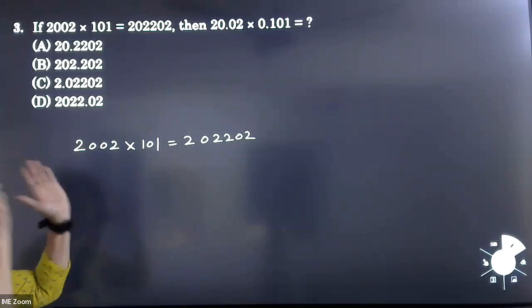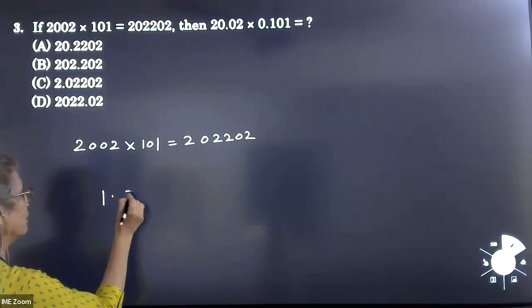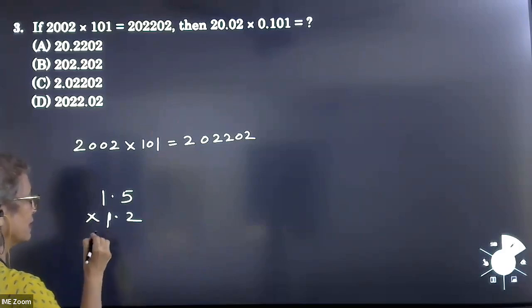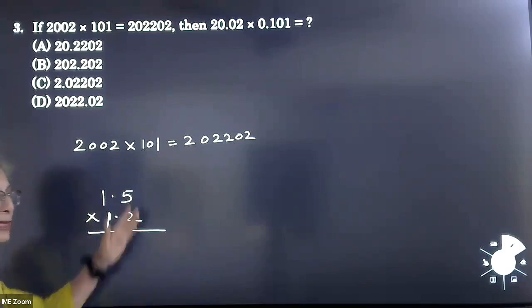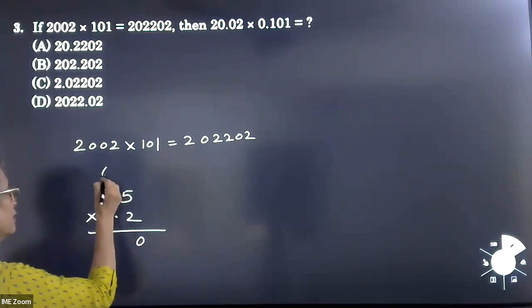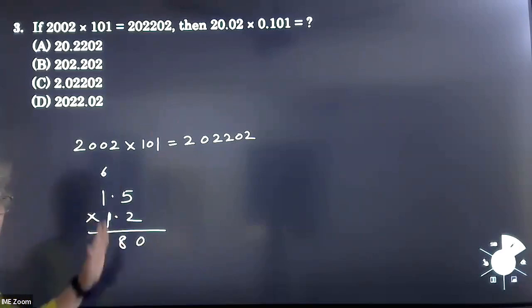Now in multiplication, remember this simple example. Let us take first, say, 1.5 into 1.2. Suppose the question is like this, just do the multiplication directly. We can do by 12. 12 5s are 60. Carry over 6. 12 ones are 12 plus 6, 18. This is the actual product.